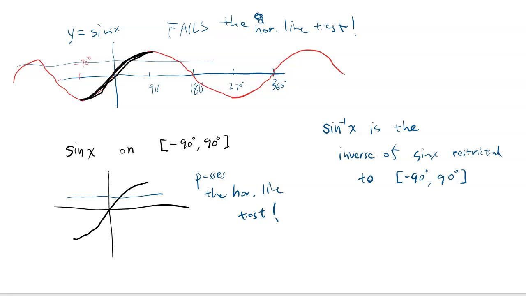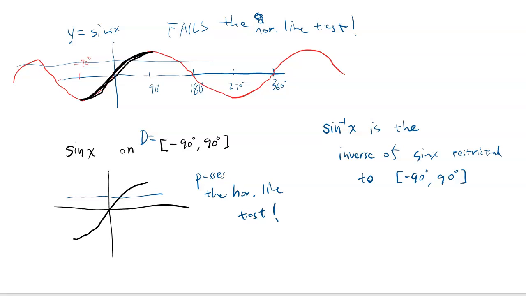Now, before we think about the implication of this, let's also think about the domain and range of the sine inverse. Well, we know that when you take the inverse function, the domain and range of the original function switch. So we have to look at the domain and range of the original function. We already know the domain. Domain is this restricted one.